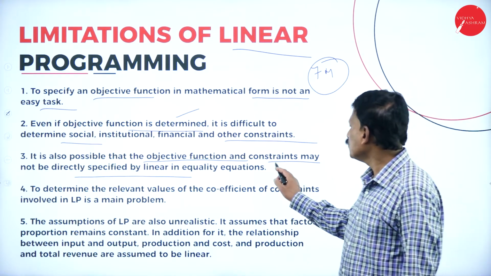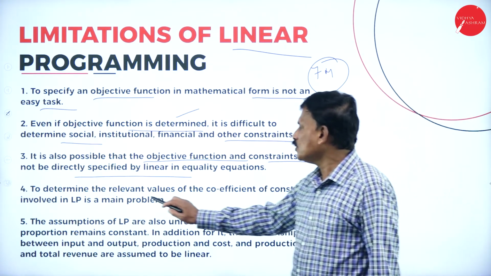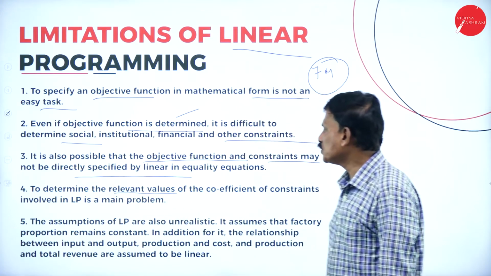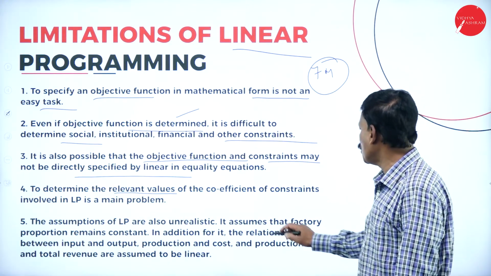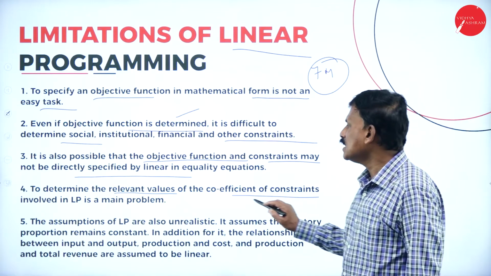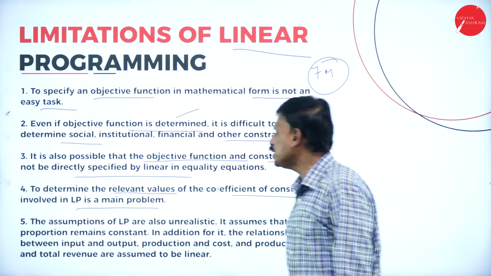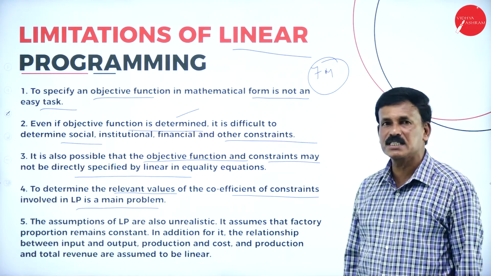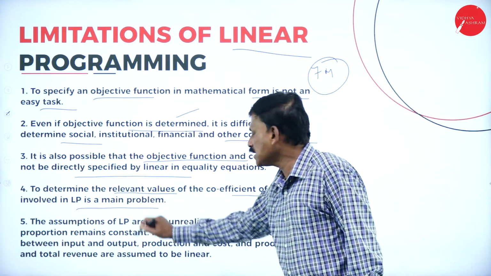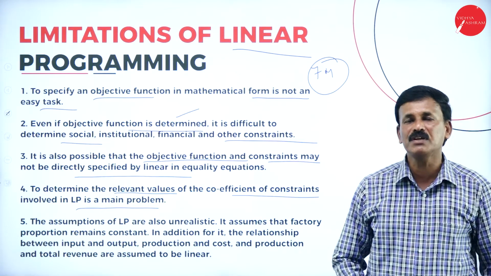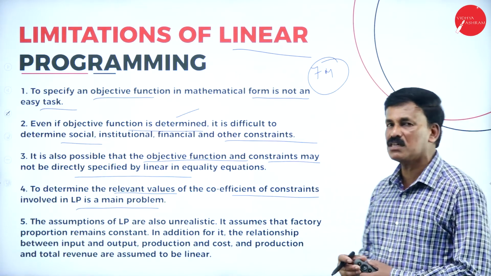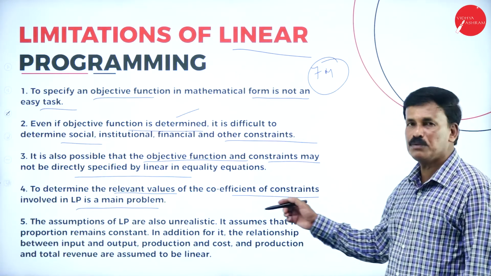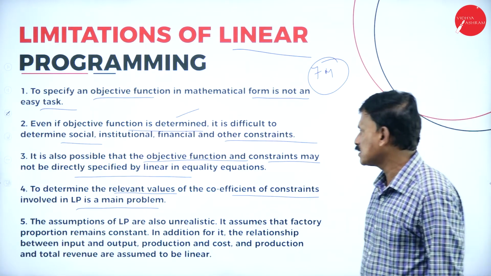So this is very difficult. Also, determining the relevant values of the coefficients of the constants involved in the LP problem is the main problem, and it is very difficult.